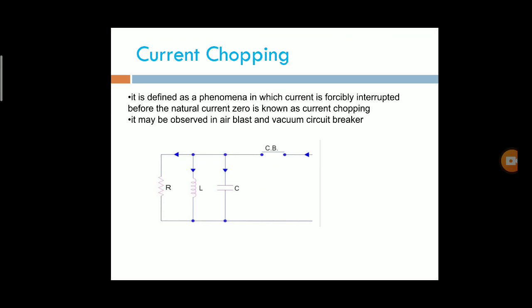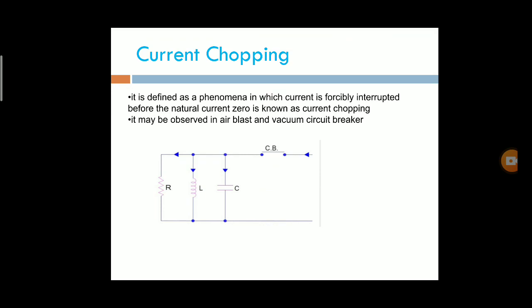In order to understand the current chopping phenomenon, consider that the same deionization force is applied by the circuit breaker for all values of short circuit current within the capacity of the circuit breaker, as in the case of an air blast circuit breaker and vacuum circuit breaker. We observe this type of current chopping.